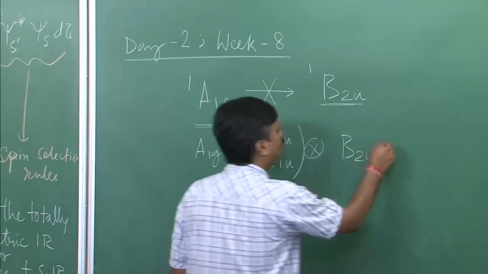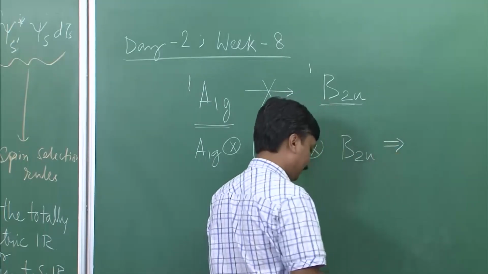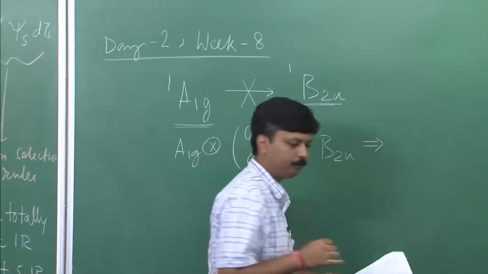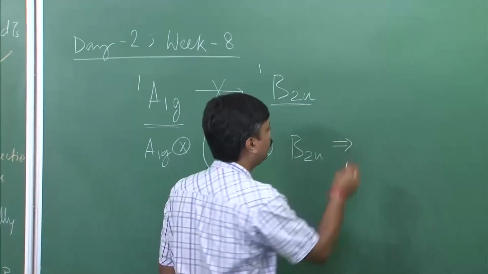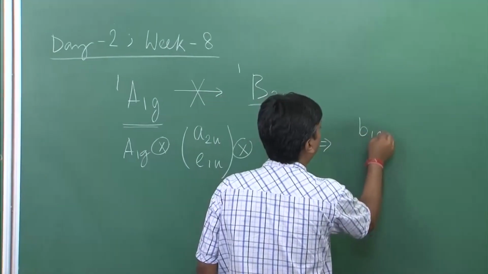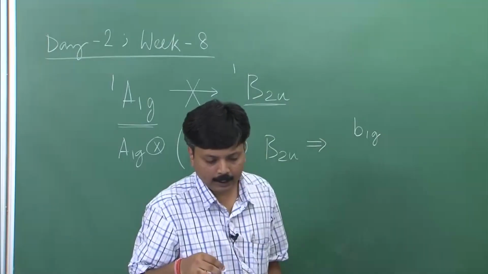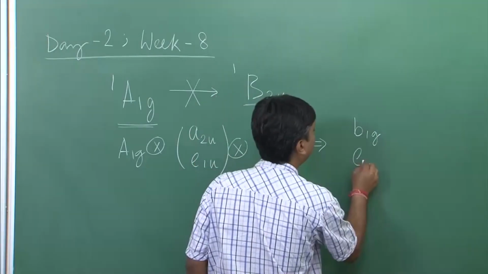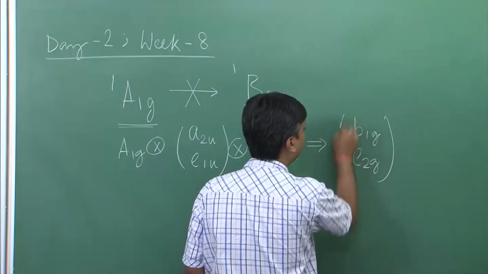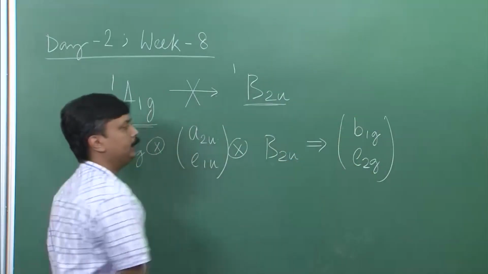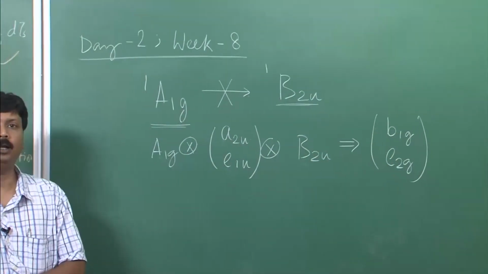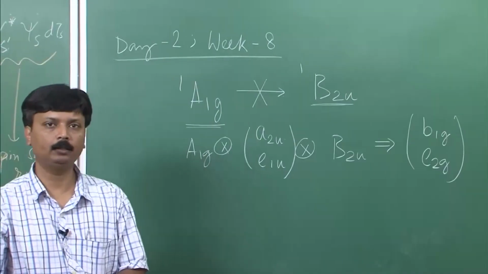After doing that, what I get is B1G and E2G. Okay. So this is for the first one, this is for the second one. So these two are not the totally symmetric IR, right?